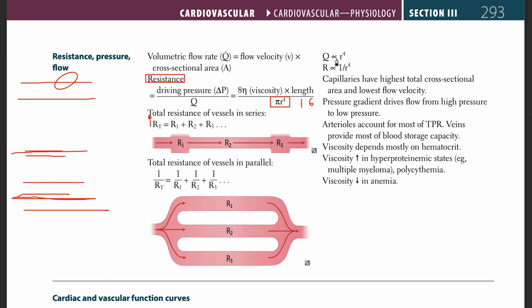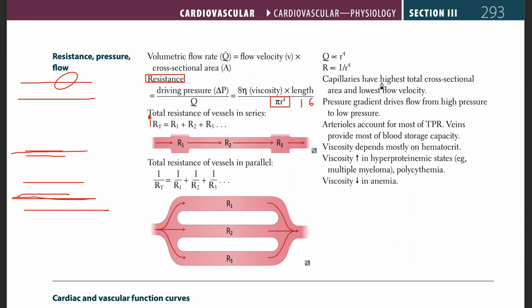Flow is proportional to r to the power of 4. Resistance is proportional to 1 over r to the power of 4, right? So if you increase the radius or diameter, you increase the flow. If you decrease the diameter or radius, you increase the resistance. Okay.